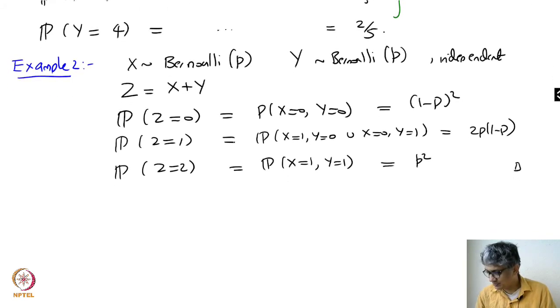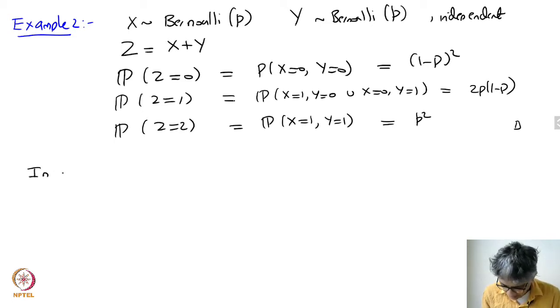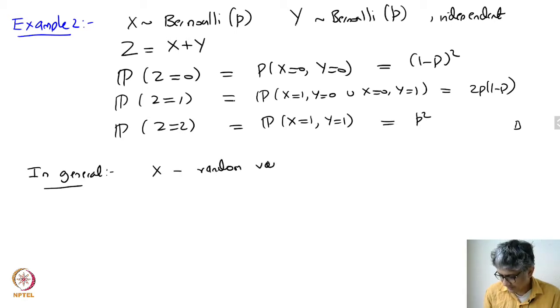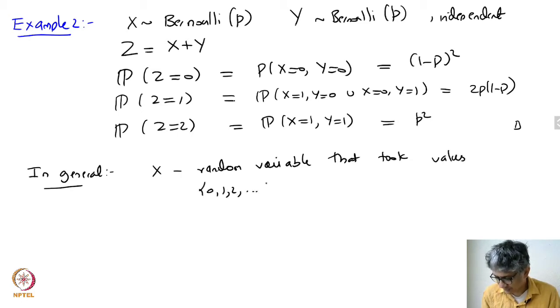So what was happening here? I just want to generalize this idea. In the two previous examples, the quantities were known in some sense. They were uniform, we understood it as an experiment, and X plus Y were two random variables. But in general, how would I do this? In general, let's say X is a random variable that took values in the natural numbers union 0, let's say 0, 1, 2, and so on.